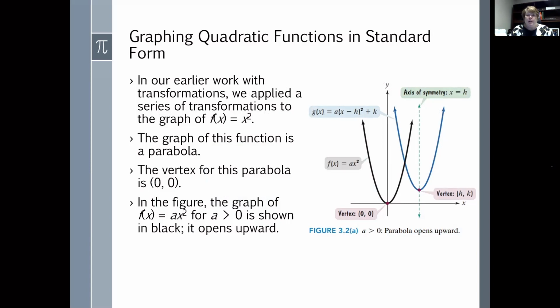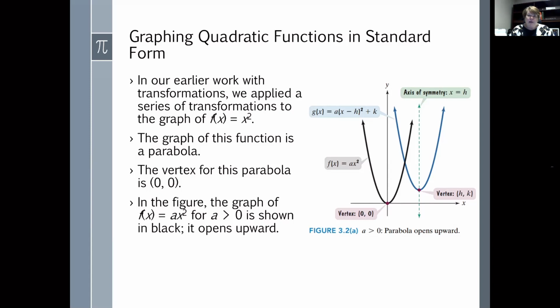We shifted it vertically up and down. We multiplied it by constants greater than 1 to stretch it. We multiplied it by constants between 0 and 1 to shrink it. The graph of the standard quadratic function is the graph of a parabola whose vertex is at the origin.